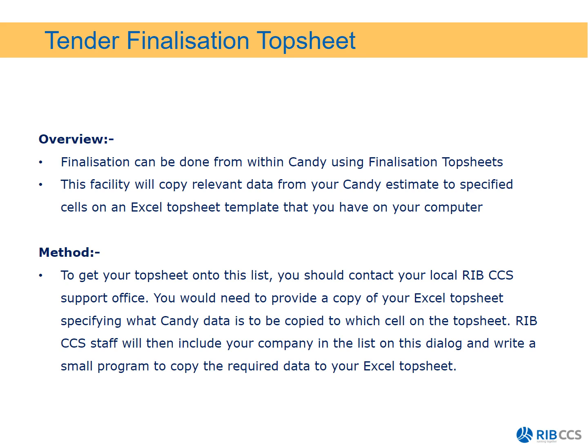The CCS staff will then include your company in a list on this dialog and write a small program to copy the required data to the Excel top sheet. We have a Candy template which we are willing to share with all of our clients, but if you want one specifically designed for your company, there's a small charge to it, so please contact your local CCS office.